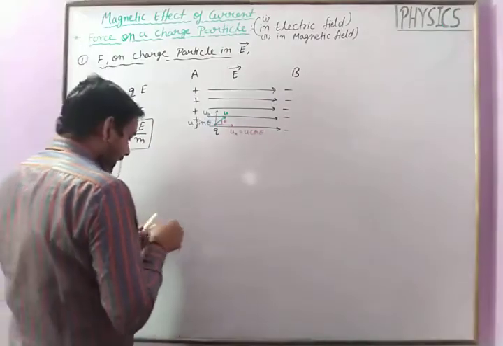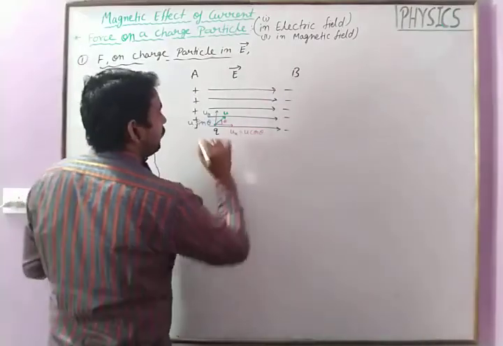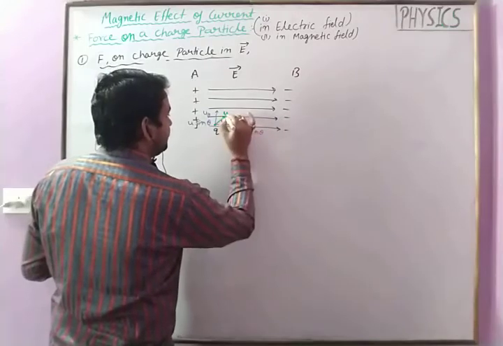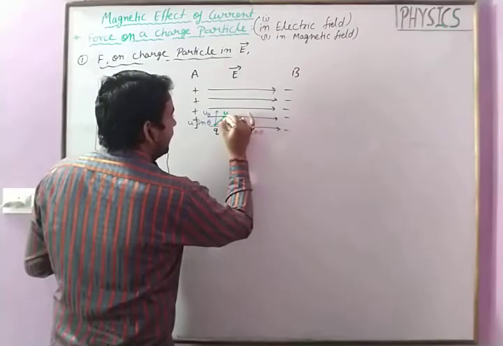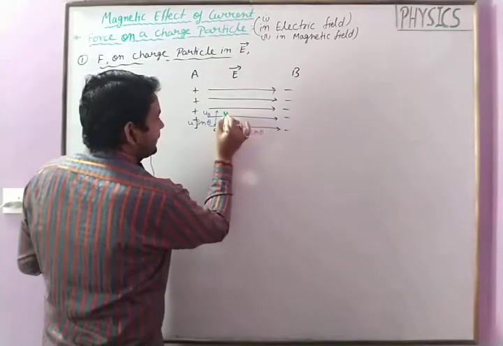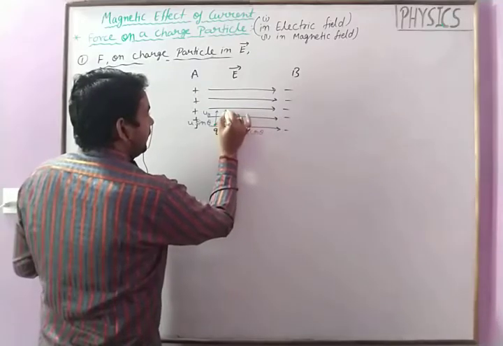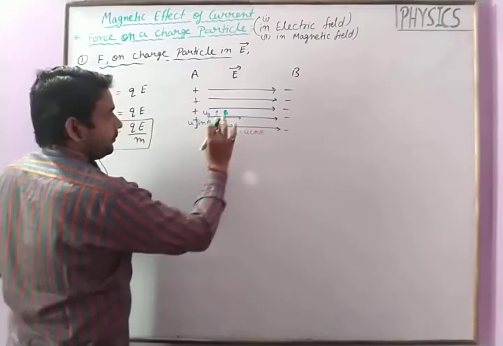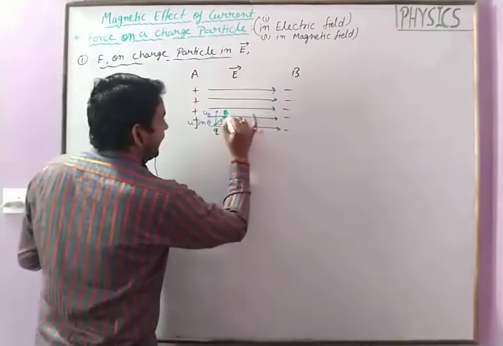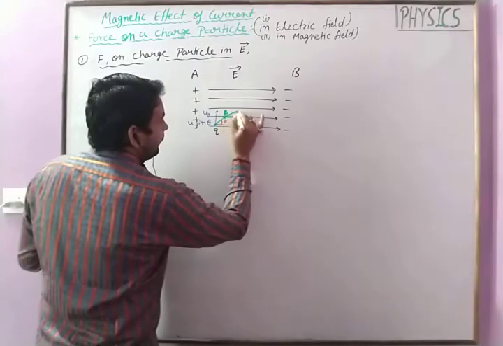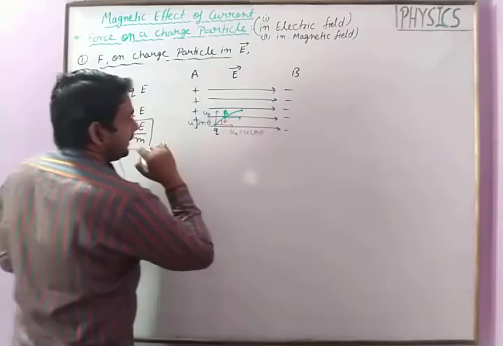So it is observed that as the particle is moving in the field, at this point the horizontal velocity here and the vertical velocity this, so the particle is moving in this direction.